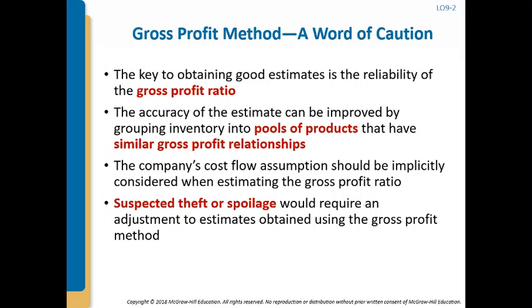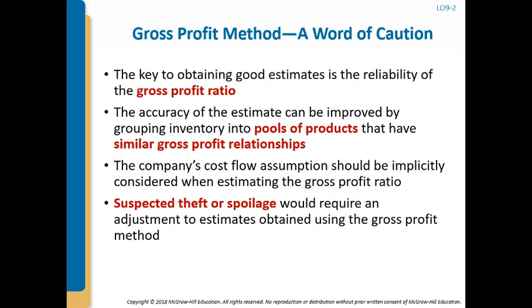And the authors point out that you can increase the accuracy of your estimate by grouping inventory into pools of product that have similar gross profit relationships. They also note that the company's cost flow assumption should be implicitly considered when estimating the gross profit ratio.